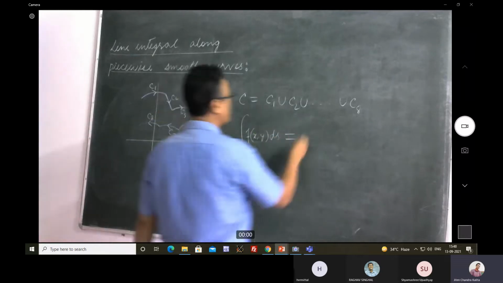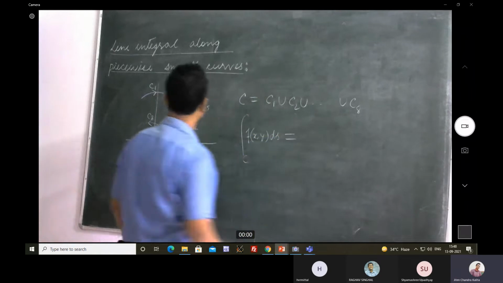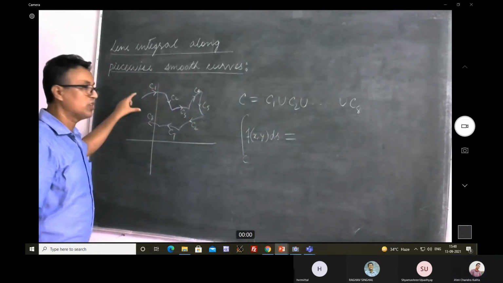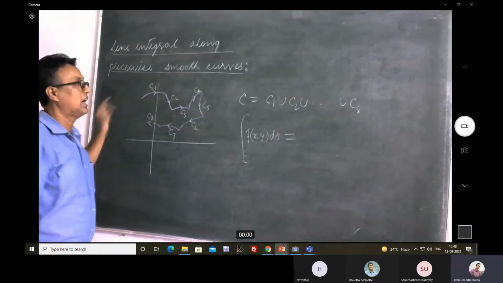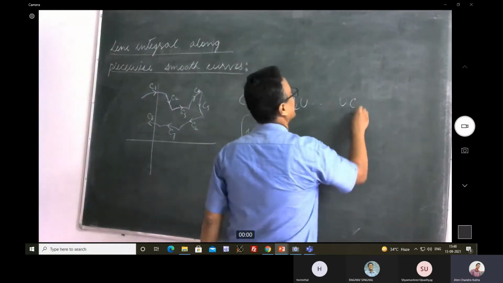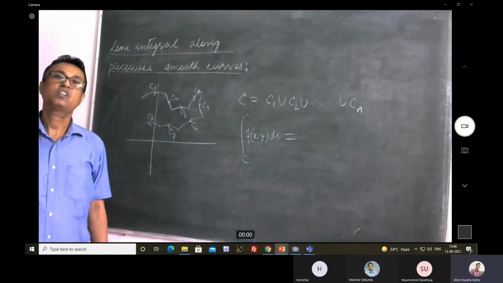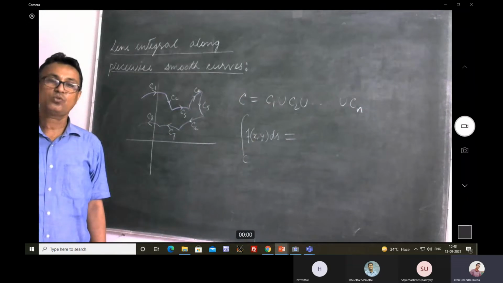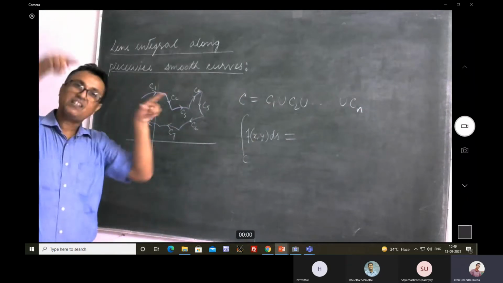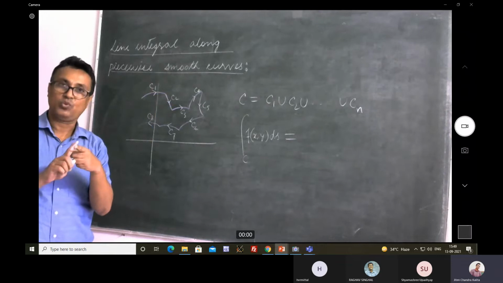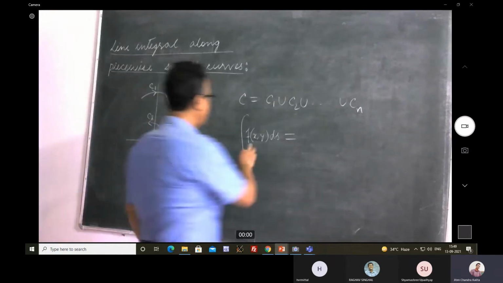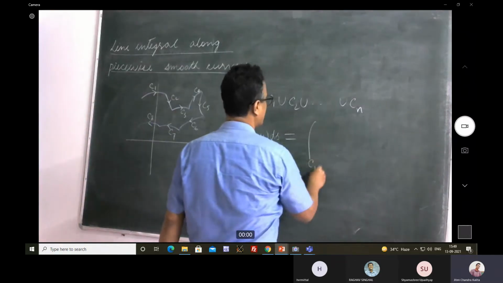Suppose it is the union of n curves which are smooth individually, so that the entire curve C is piecewise smooth.